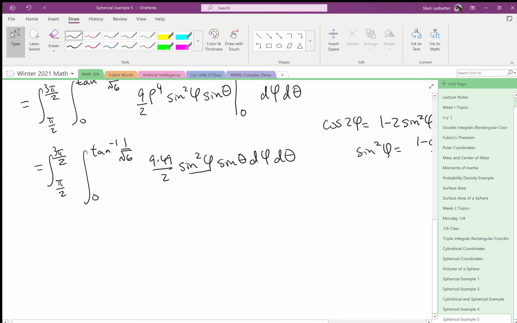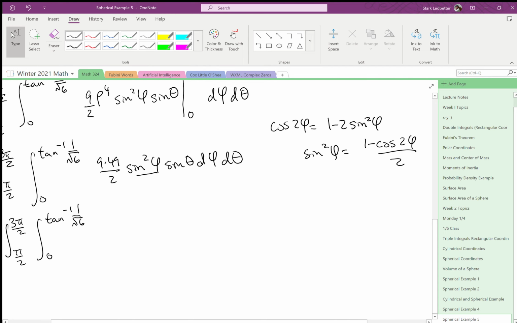Okay. So once we make that substitution, we'll be able to integrate 3 pi over 2, integral from 0 to tan inverse 1 over root 6. I have another over 2, so this is 9 times 49 over 4 now. 1 minus cosine 2 phi, that's the sine theta, d phi, d theta.